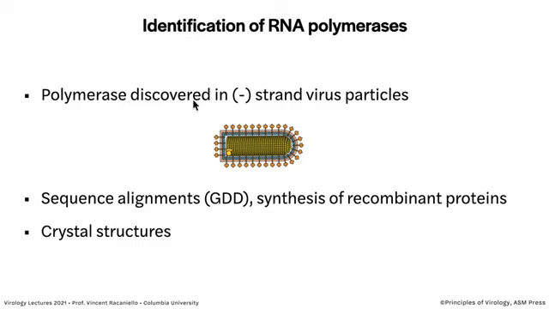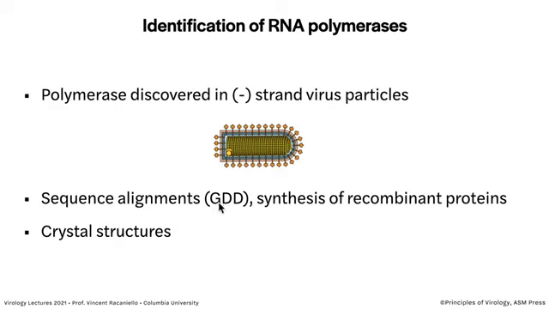Subsequently, an RNA polymerase was discovered in the virus particles of negative strand RNA viruses. So Baltimore, remember Baltimore of the Baltimore Scream, reasoned that these plus RNA viruses don't have to have a polymerase in the particle, but the negative strand ones do. So he set out to look for it, and he found it in VSV. And then finally, when we got the ability to sequence viral genes, we could see the sequences of these polymerases.